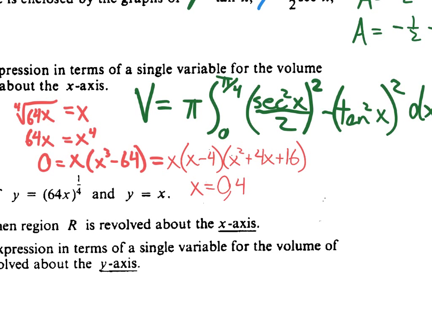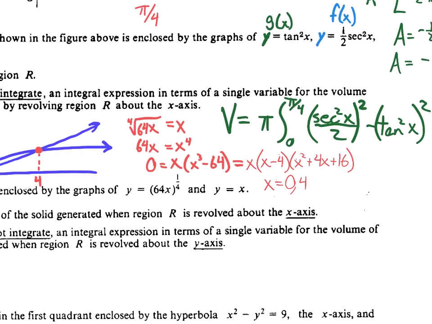Now, which one of these is on top? Plug in something between 0 and 4, like something easy, like 1, and see what you get. If I plug in 1, the 64 times 1 is 64. The fourth root of that is bigger than 1. I don't know what that is, but it's bigger than 1. So I know that that's going to be my top one.